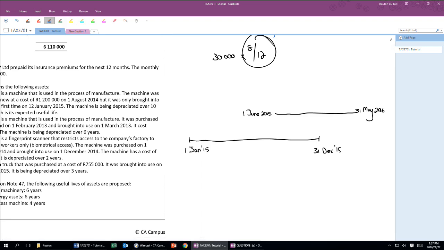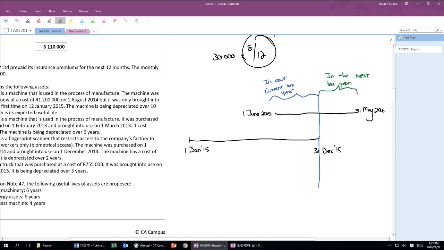So if we look at this prepaid portion over here, and I draw a line like this, from the 1st of June until the 31st of December is in our current tax year, and from the 1st of January 2016 onwards is in the next tax year.